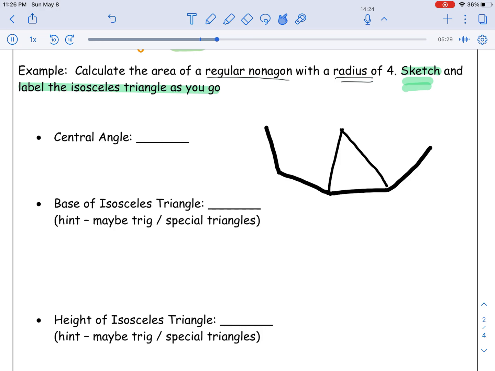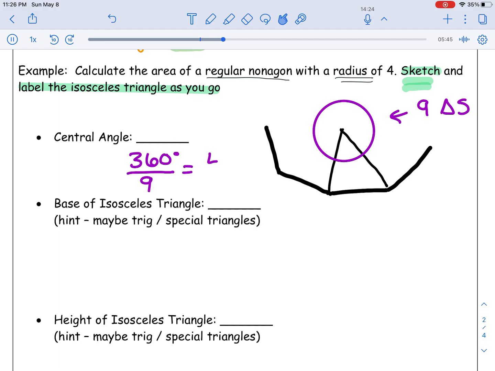So that middle circle is going to be split into 9 pieces or 9 triangles. So 360 degrees divided by 9 equals 40 degrees. That's my central angle.